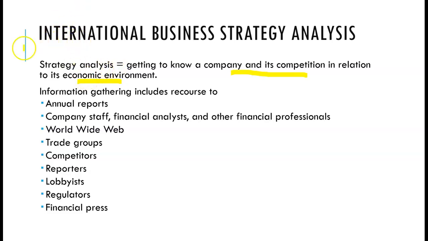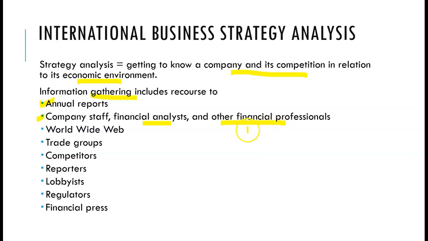So when we gather the information for business strategy analysis, it normally includes examining the annual report and other company publications. We also normally interview the company staff, financial analysts, and other financial professionals.